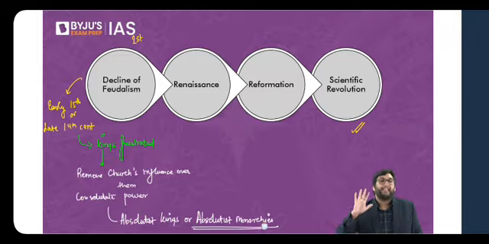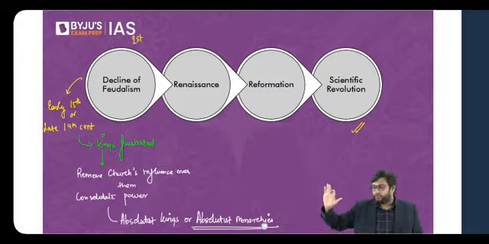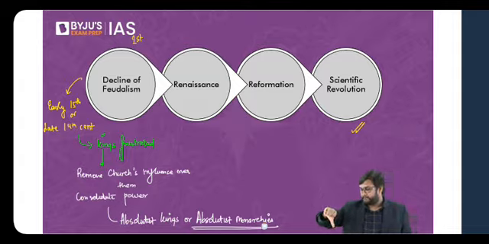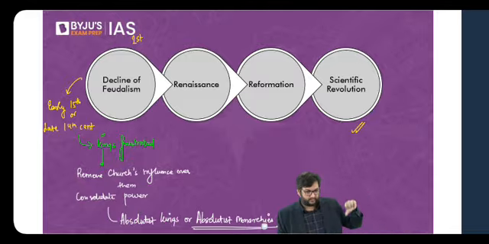So if I have to argue that the church's influence over the king went away, the power of the church will go up or down from 100%. Will it go up or down? It will go down.